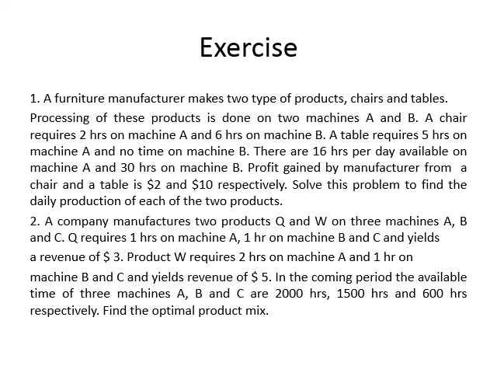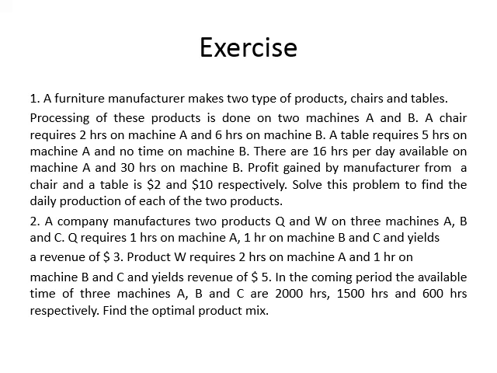Exercise 2. A company manufactures two products, Q and W, on 3 machines, A, B and C. Q requires 1 hour on machine A, 1 hour on machines B and C, and yields a revenue of $3.